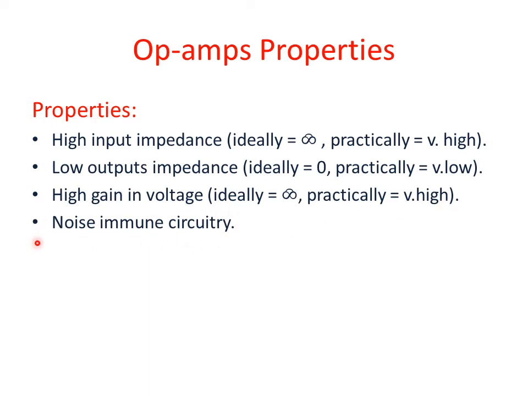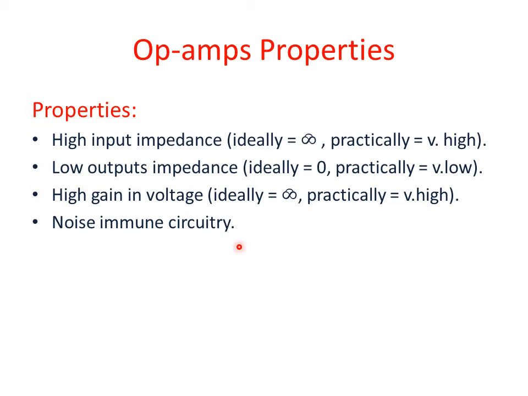One thing is, operational amplifiers are usually considered as noise immune circuits. Noise immune in very simple terms means that they do not get affected by the unwanted signals which are caught by the circuit in any scenario. By noise, we do not mean any noisy voice signals.